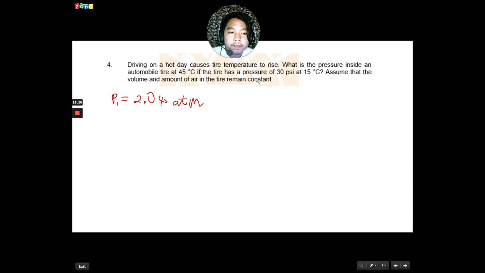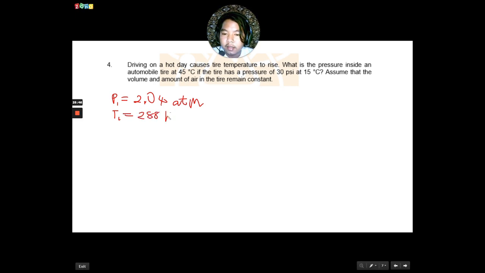And then our temperature is the initial temperature natin. Though nasa last part siya ng problem, siya yung initial natin, if you analyze the problem well. 15 degrees Celsius plus 273, that is 288 Kelvin.